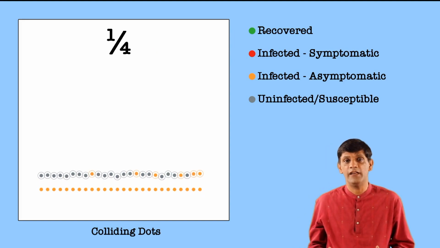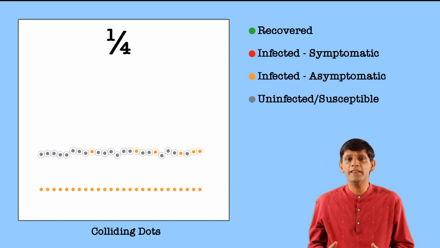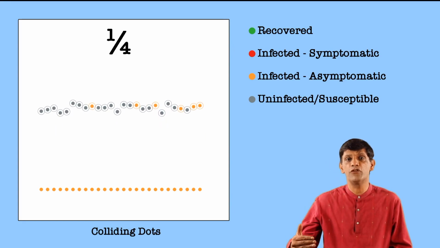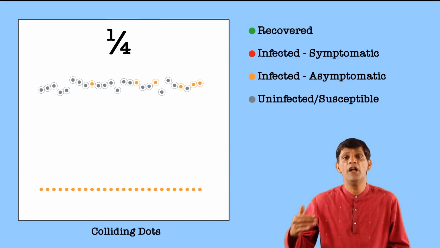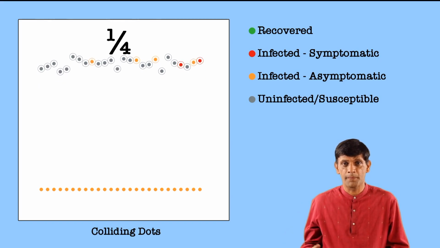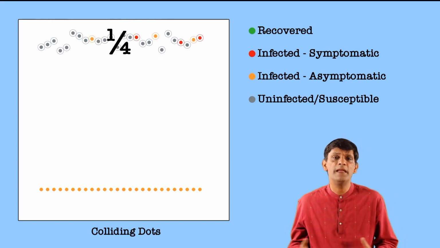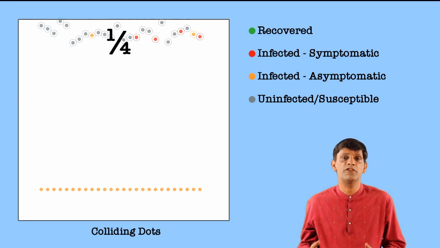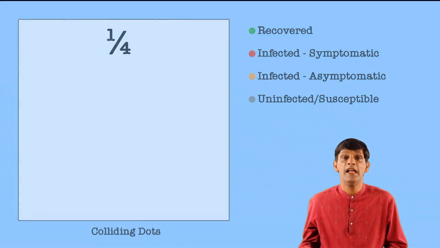When they collide with other dots, then the probability of an infection being passed on will drop from 1/2 to 1/4. This means that when people behave socially responsibly, the probability of the virus spreading reduces. Let's see what happens when we introduce these people in our animation.